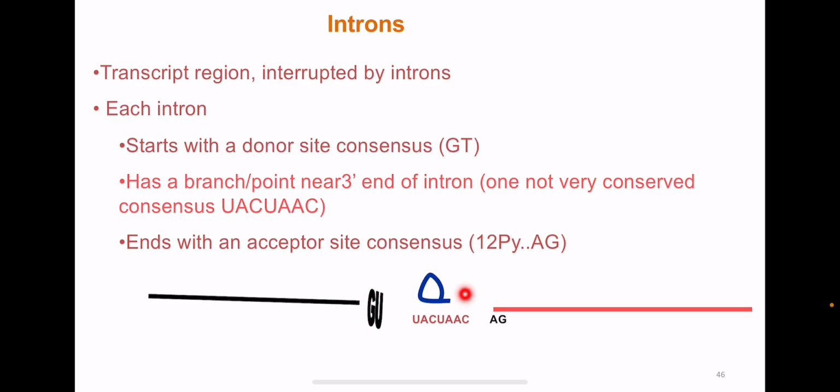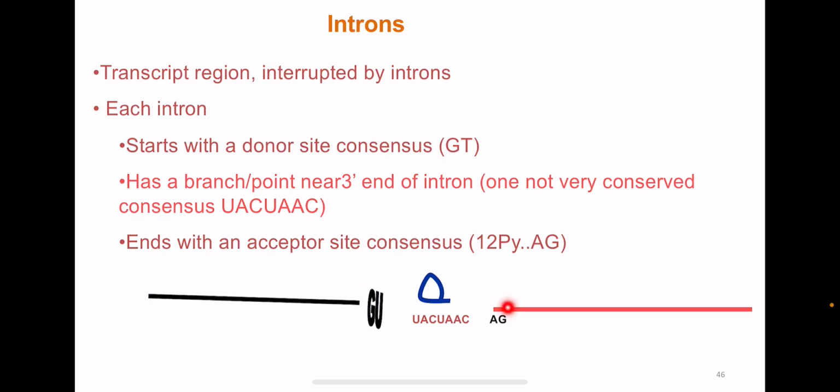Then a consensus sequence, which you're always going to come across: UAC, UAAC. It might be difficult remembering this, so just remember UAC. This is like two UACs, but the second UAC has double A's. UAC, UAAC, okay, that's the branch site or branch point. And the last one is the AG site, called the acceptor site.